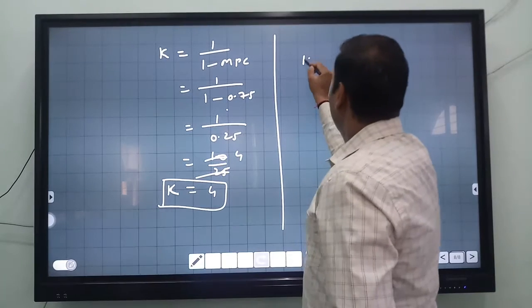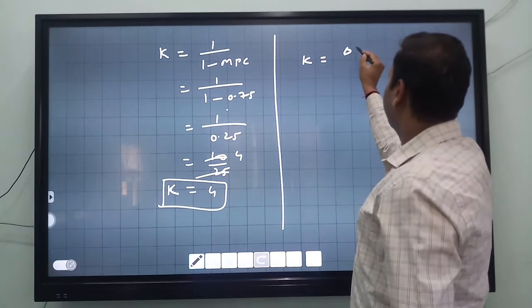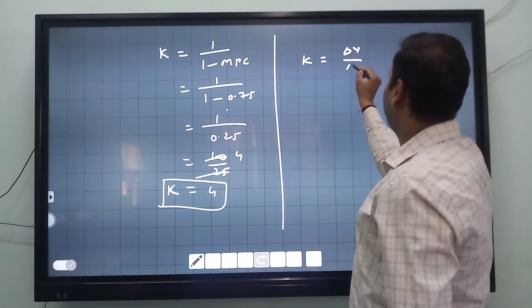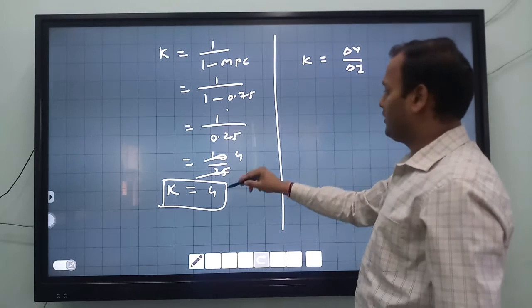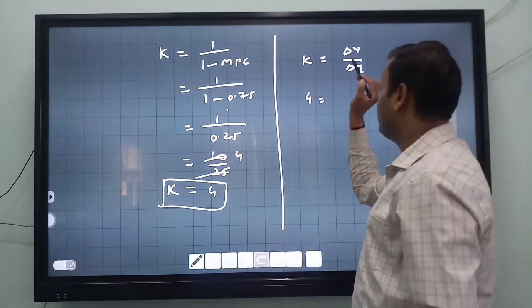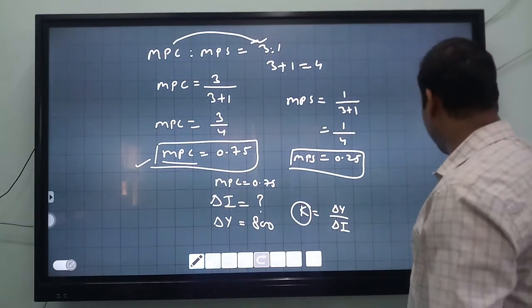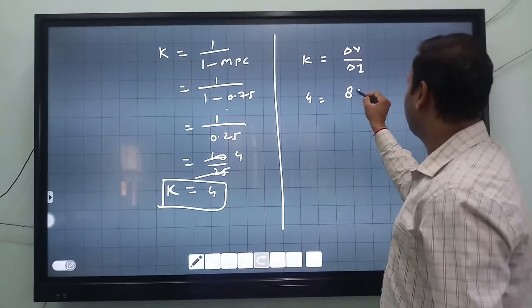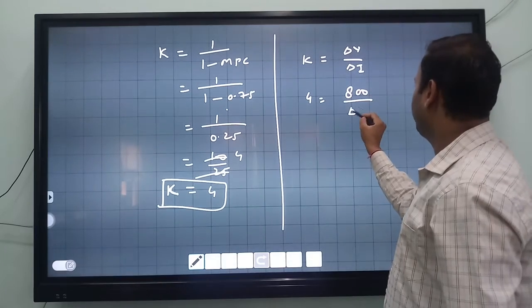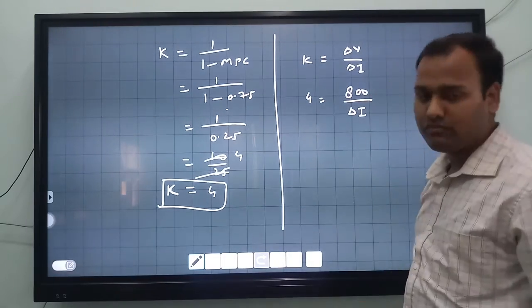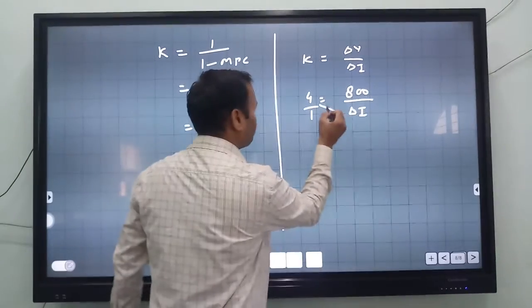Now, as you know, K is equal to delta Y upon delta I. And now we have calculated the value of K, that is 4. And the value of delta Y is 800, and this is delta I. Then we'll cross multiply.